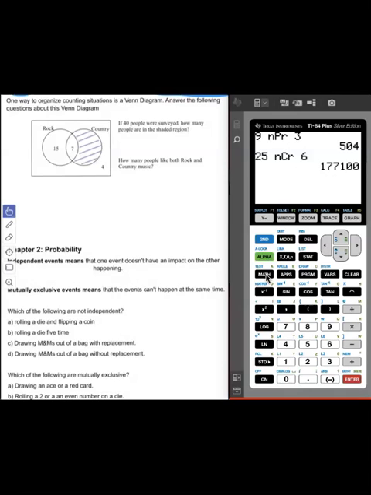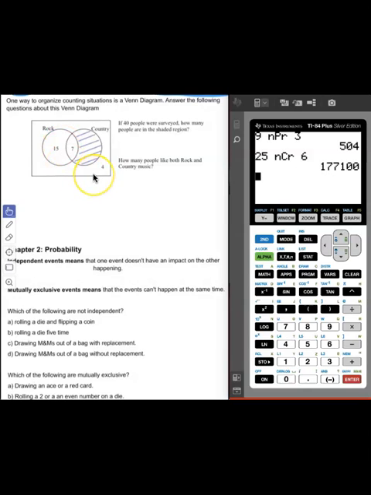So if 40 people were surveyed, how many people are in the shaded region? That's our first question here. Okay, well, first off, we know there's 40 people total. In the rock circle, there's 15 plus 7. There's a total of 22 people in the rock circle. So that's 22 plus 4 people that don't like rock or country.